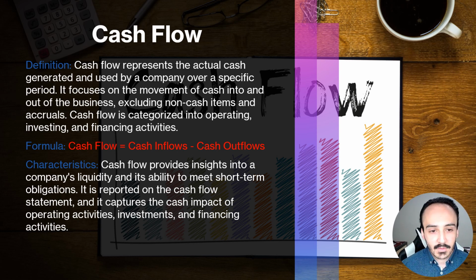The formula: cash flow equals cash inflow minus cash outflow. Characteristics: cash flow provides insights into the company's liquidity and its ability to meet short-term obligations. It is reported on the cash flow statement, and it captures the cash impact of operating, investing, and financing activities.